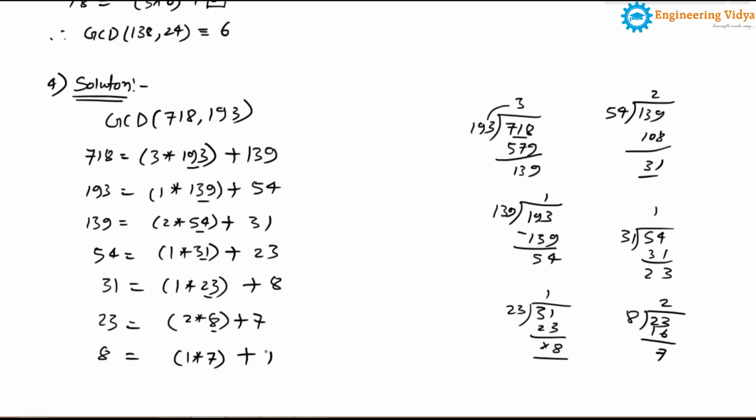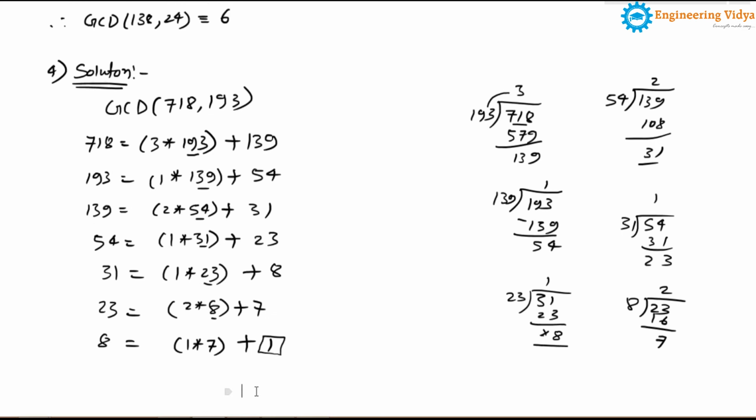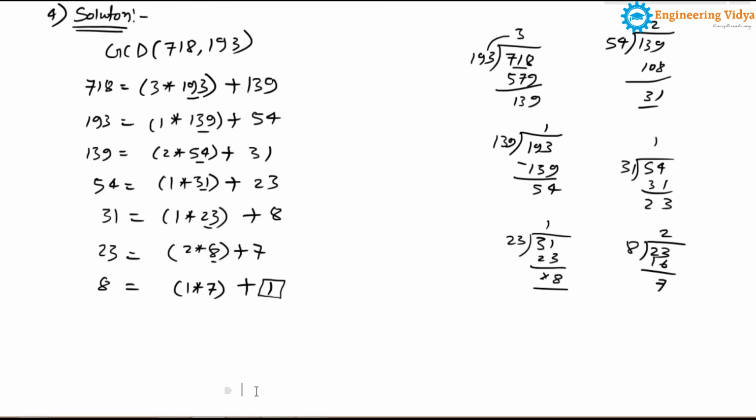As I said before, you have to stop when your final remainder is either 1 or 0. So here 1 is there, so here we'll write 1. If you get 1 at the last step, then it can be considered as the answer. So therefore GCD of 718 and 193 is nothing but 1. So this is the final answer.